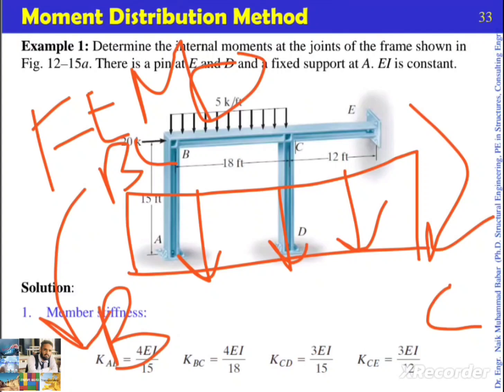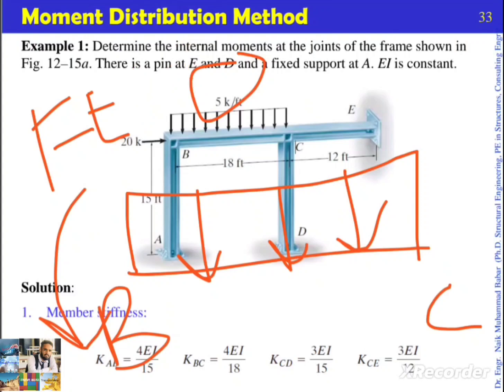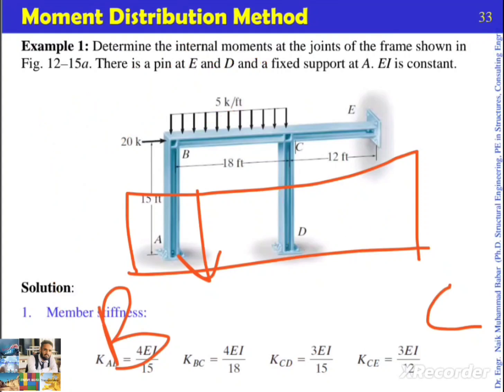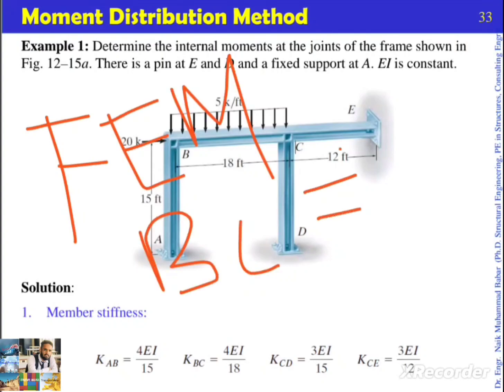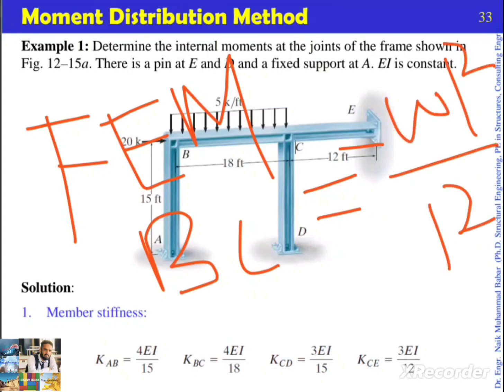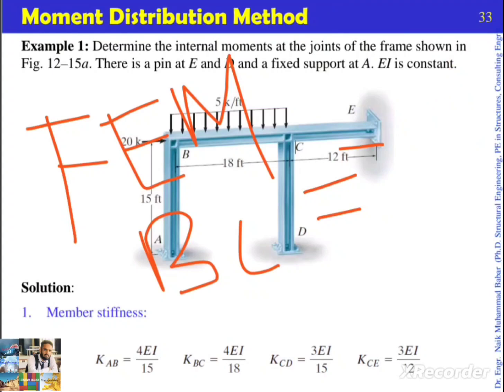By using the formulas mentioned in books, fixed end moment BC is an anti-clockwise moment. We will take anti-clockwise as negative. So fixed end moment for BC will be equal to minus WL square divided by 12. L is 18 and W is the intensity, which is 5. By putting the values we will get the fixed end moment from the B side, BC span.